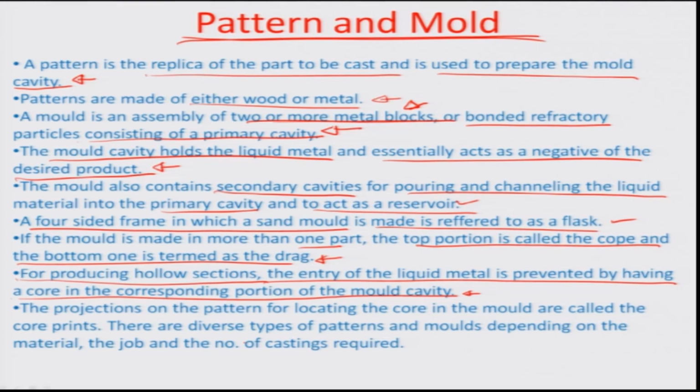So, you have to have something called a core, and for supporting them you need some things which are like legs, where the core can be standing on, which are known as core prints, which are within the mold. So, you have a small central core and some legs to hold that core in place, so that when the metal comes around it, it basically goes around, and it is not able to go into that region which has the core.